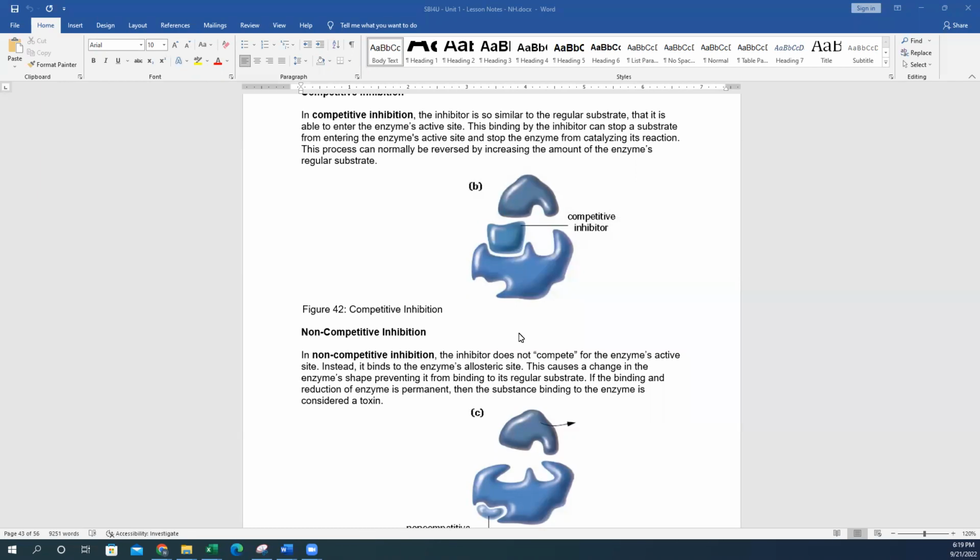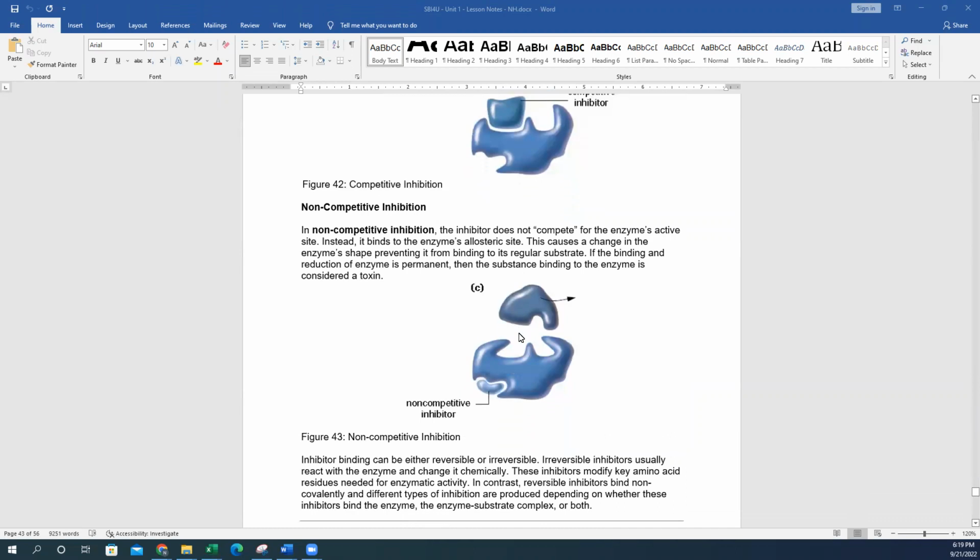So now, if we try to imagine the situation in non-competitive inhibition, you have a molecule that doesn't compete for the enzyme's active site where the substrate normally binds. Instead, this type of inhibition occurs at the allosteric site, a site somewhere other than the active site.